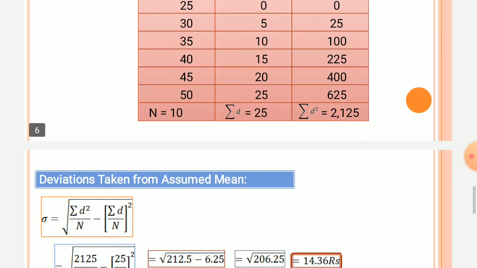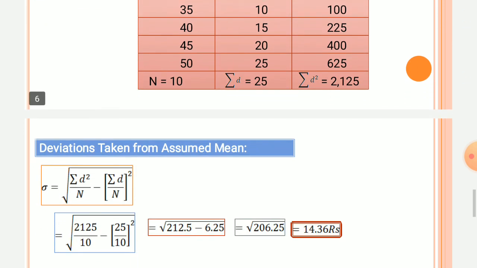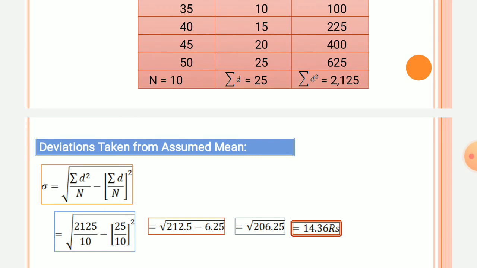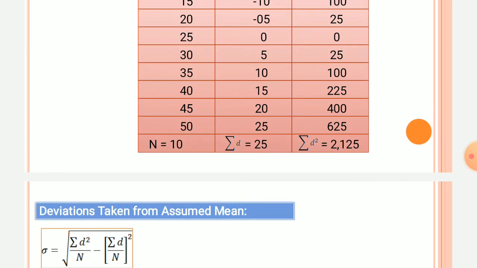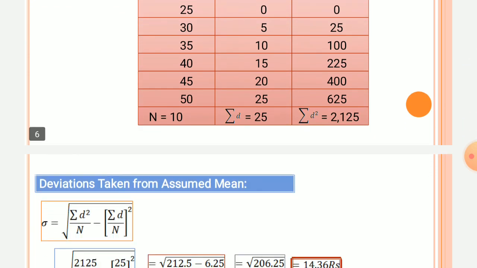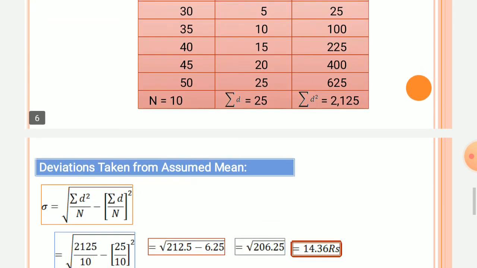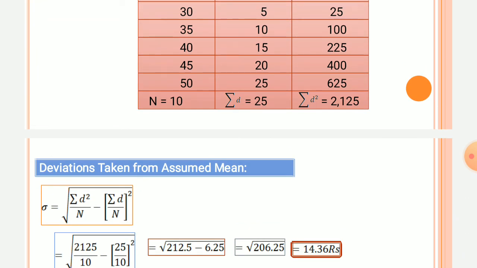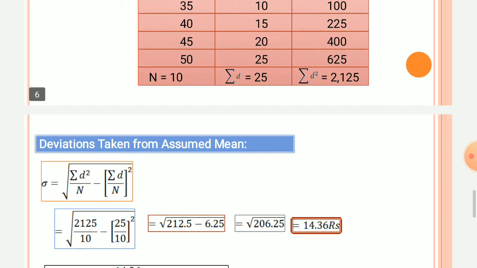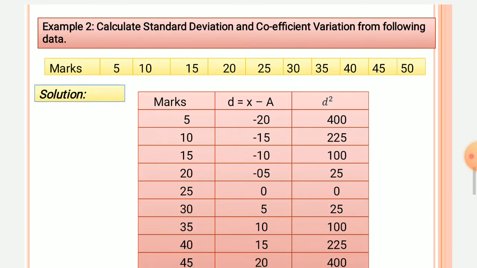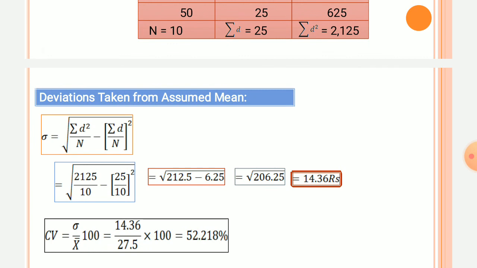So sigma d square 2125 by n, the number of items, because this is an individual series, minus sigma d 25 by n 10, whole square, is equal to root of 2125 by 10, which means 212.5, minus 6.25.